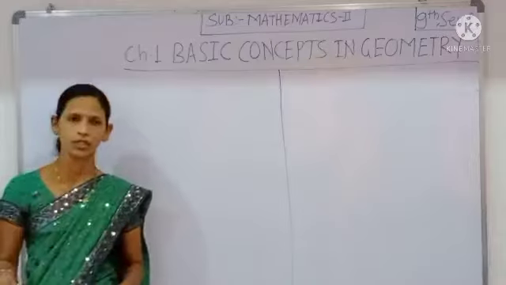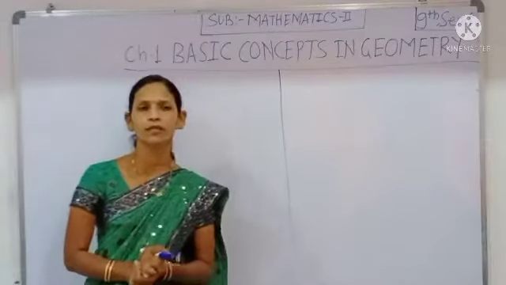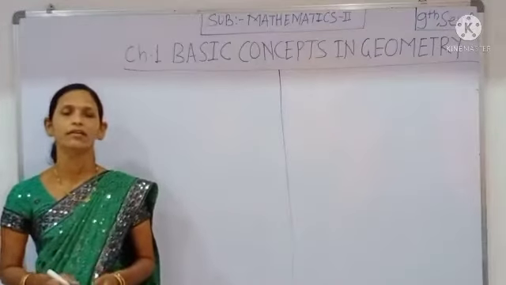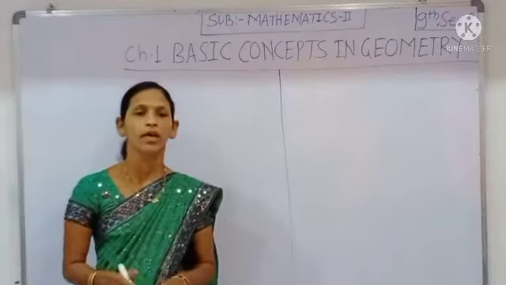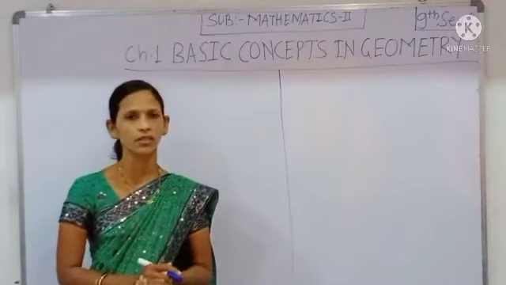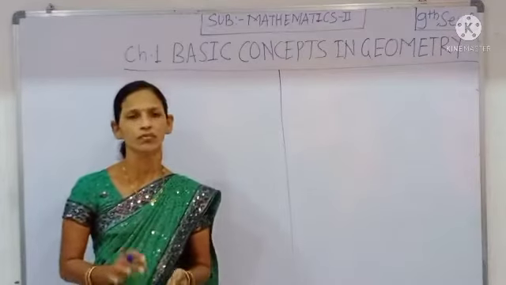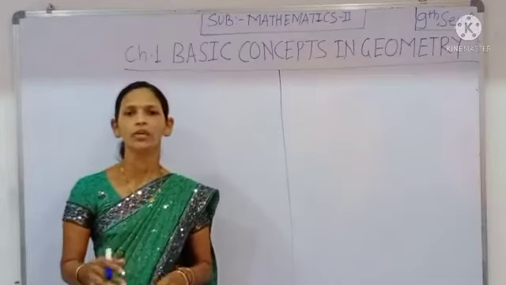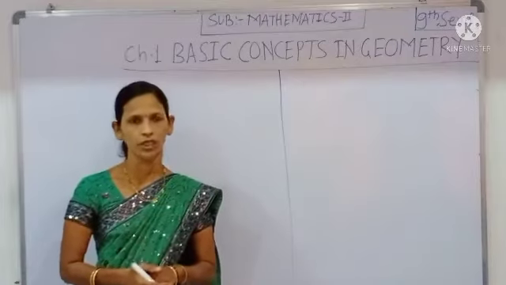In the previous lecture, you learnt about Euclid's postulates and conditional statements and their converse. I also clarified the concept of a theorem and the given part and to-prove part of a theorem.